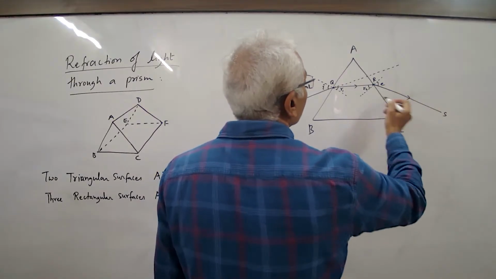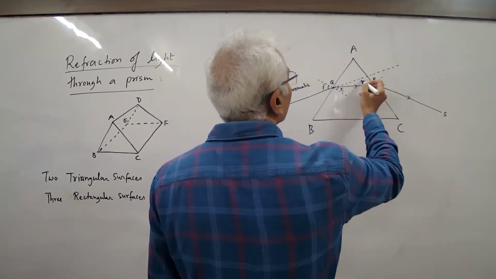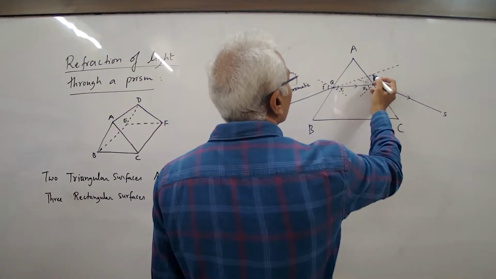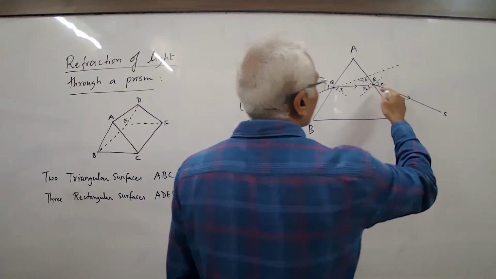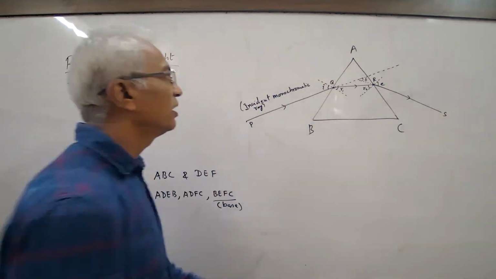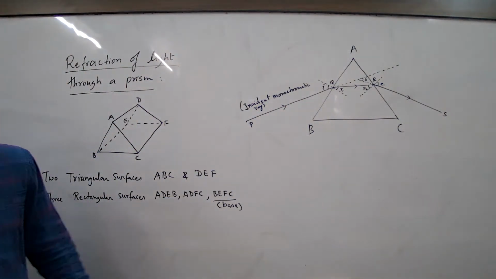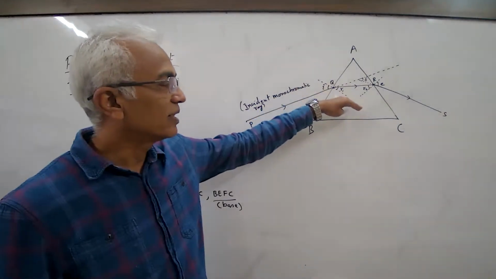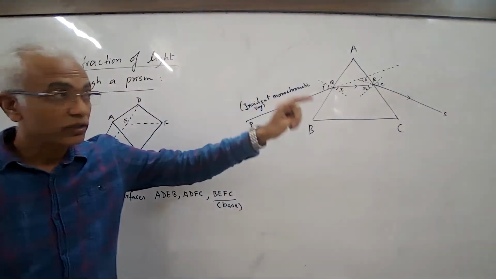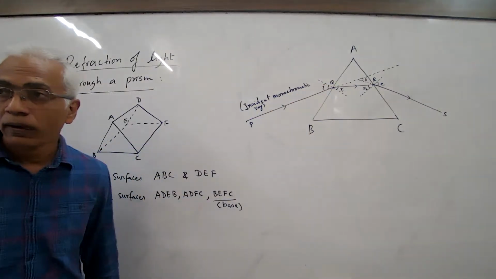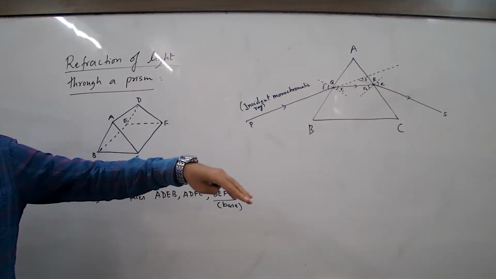And this is the angle of deviation between the emergent ray and the incident ray. Okay? So it bends twice, one inside the prism and one outside the prism. Two refractions from two surfaces. One bending towards the normal, the other bending away from the normal.